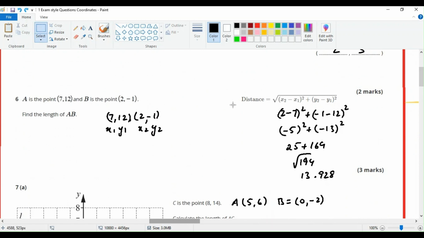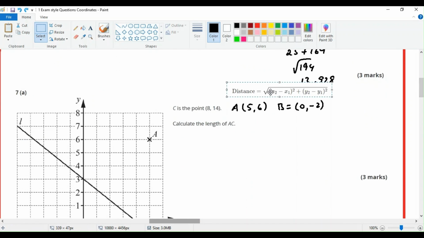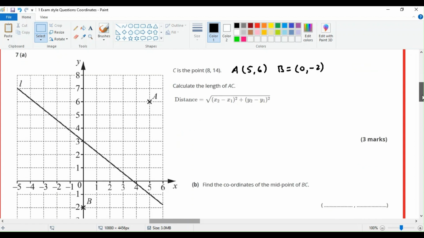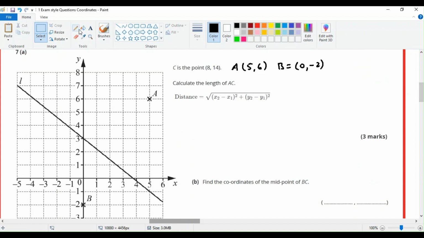This is the formula what we have for the distance or the length. We can find out the length of AC since we have the points of A and C. The first one is A and C we are talking about. That means we are talking about 5, 6, and we are talking about 8 and 14.